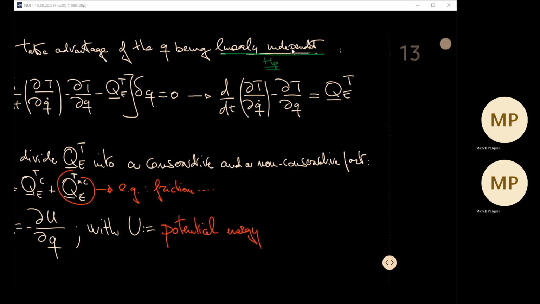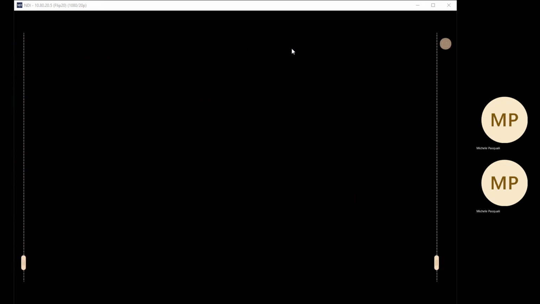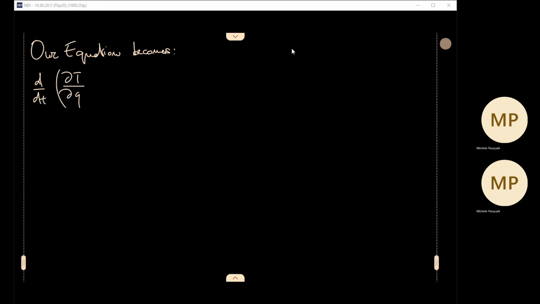Okay. So if this is true, our equation becomes the derivative with respect to time of the partial of T over q dot, minus the partial of T over q, plus the partial of U over q.